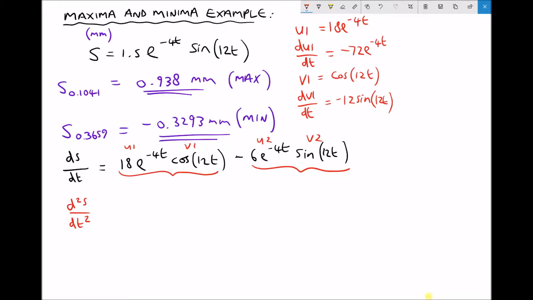Let's repeat for u2. So we have u2 equals minus 6e to the minus 4t.